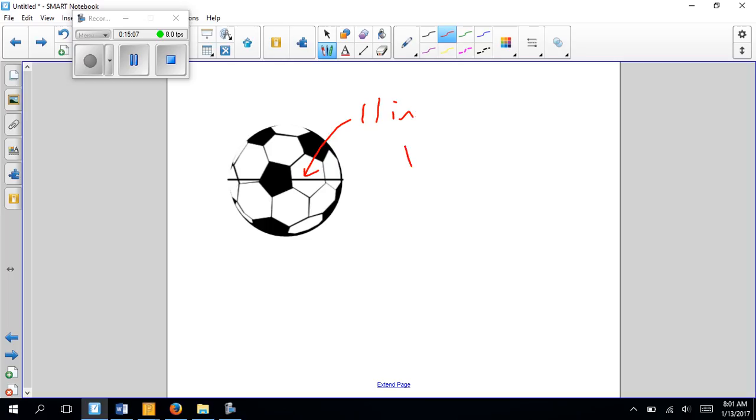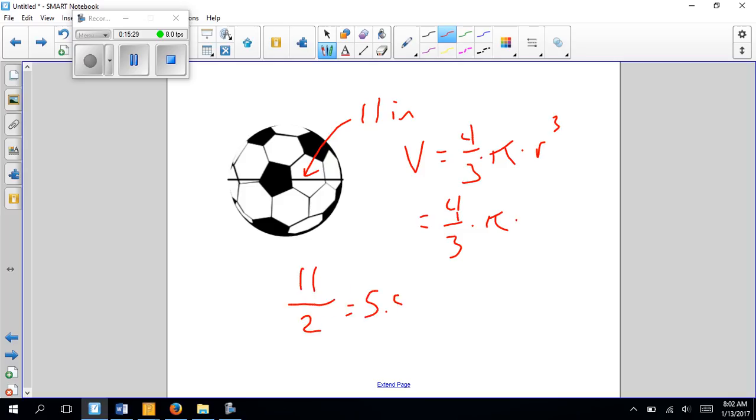All right, formula, volume equals 4/3 times pi times radius cubed. So when you plug it in your calculator, all you're doing is 4/3 times pi times my radius. The diameter is the full way, so radius is halfway. So 11 divided by 2 is 5.5.